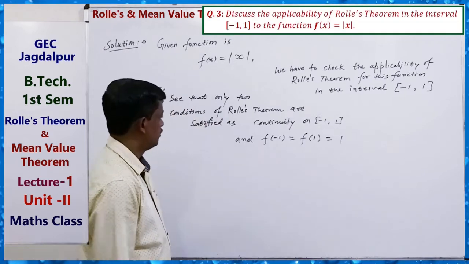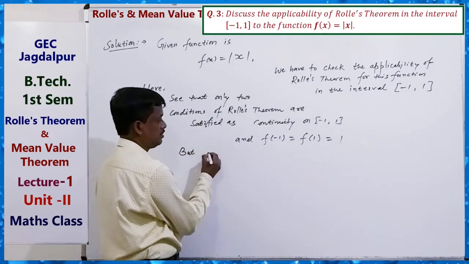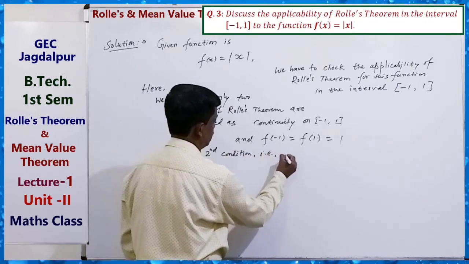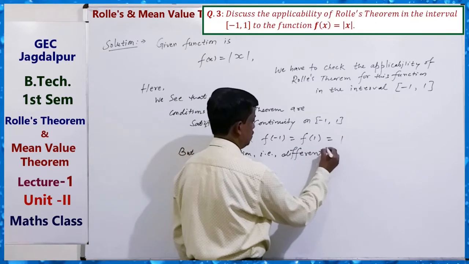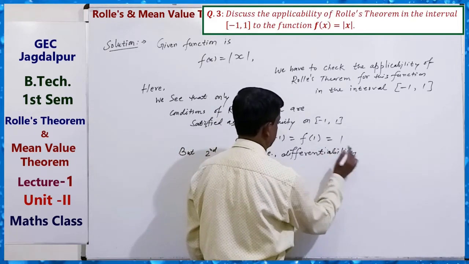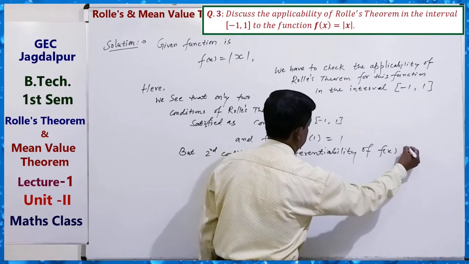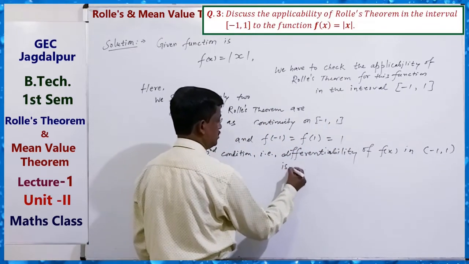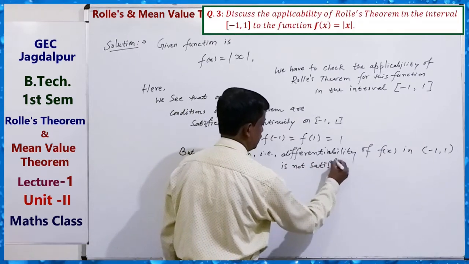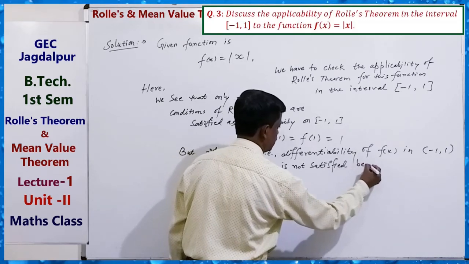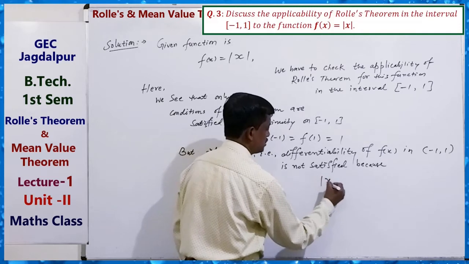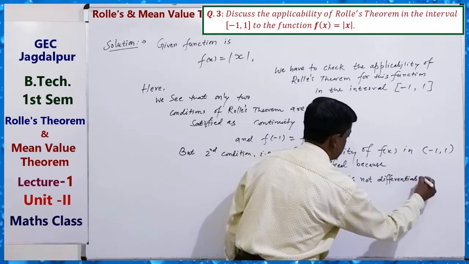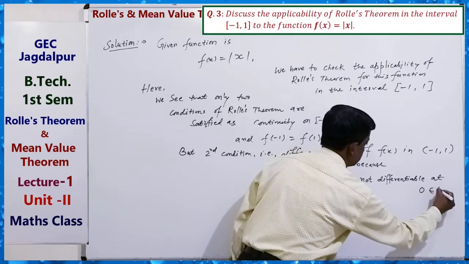Okay, but the second condition, that is differentiability of f(x) in (-1, 1), is not satisfied, because mod x is not differentiable at 0, which belongs to (-1, 1).